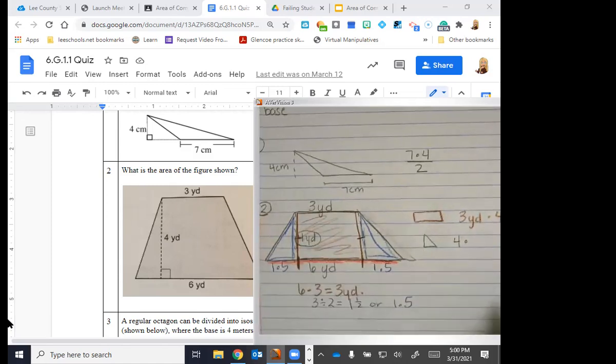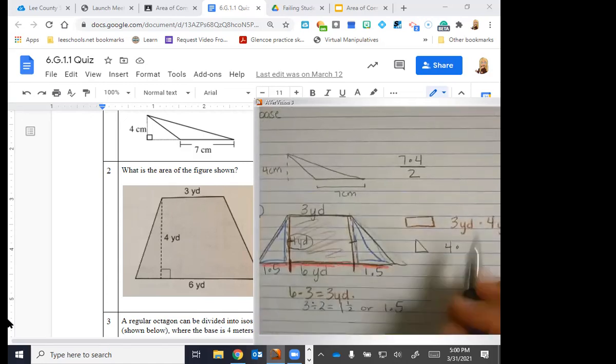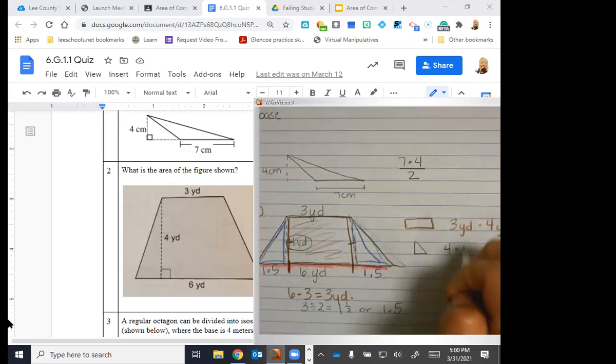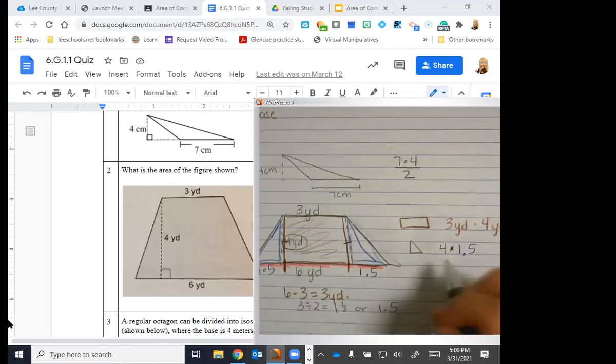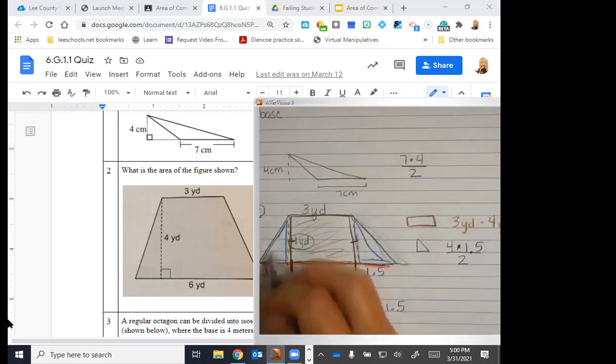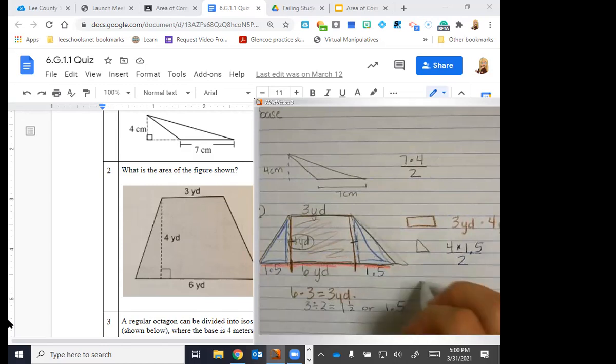So for my triangle, I need to do the height 4 times the base 1.5. This is a multiplication sign here, 4 times 1.5, and it's a triangle, so I have to divide it by 2. That's for this triangle. This triangle is the same, so I have to do that again.